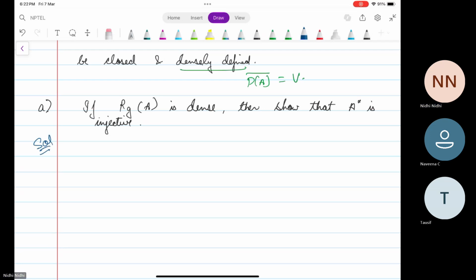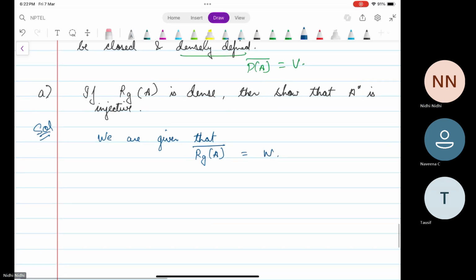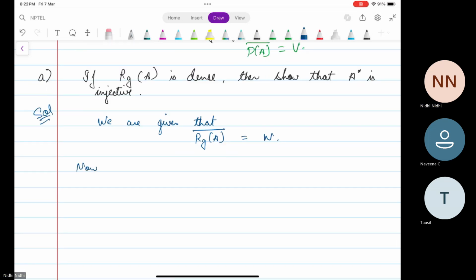Solution. Since we are given that range A is dense, that means we have range A closure. This is whole space W. Now suppose g1 and g2 defined on domain of A star.